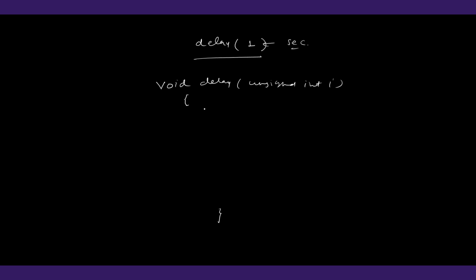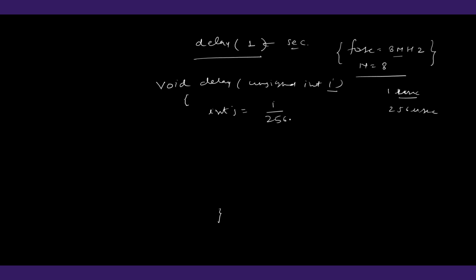First we have to find out the number of counting cycles. For this example, we are assuming that n is equal to 8 and the oscillator frequency is 8 megahertz, and one counting cycle is equal to 256 microseconds. So the number of counting cycles will be i divided by 256 times 10 to the power of 6.